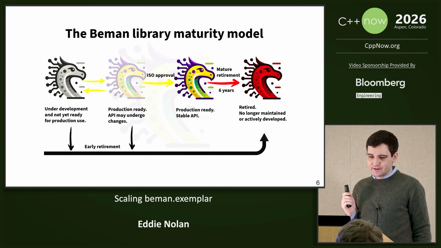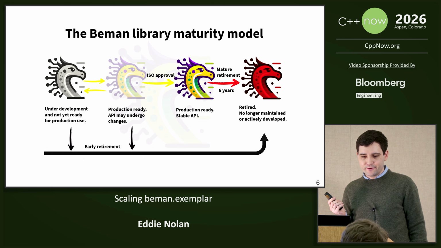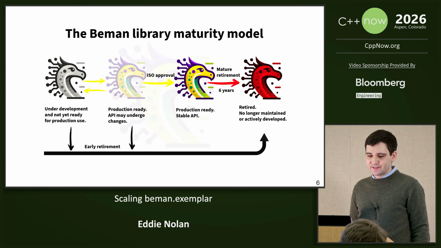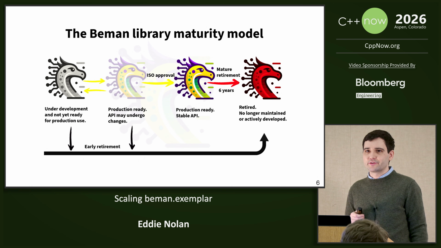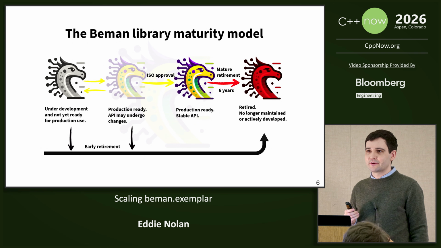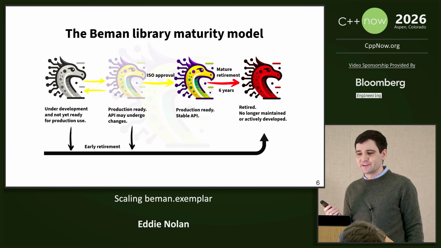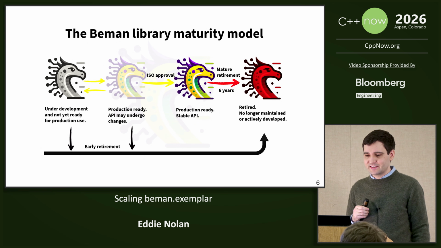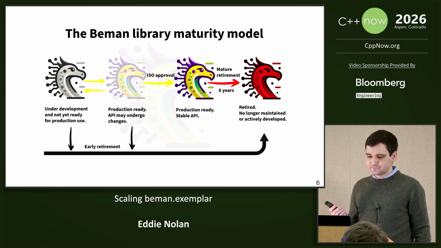We have a different maturity model than many libraries. Libraries start out as under development, and once they go through a review process that's similar to the Boost review process, they go into the production-ready category, but that production-ready category still doesn't guarantee API stability because the standards committee hasn't gone through it and made all the changes that they may want to make.